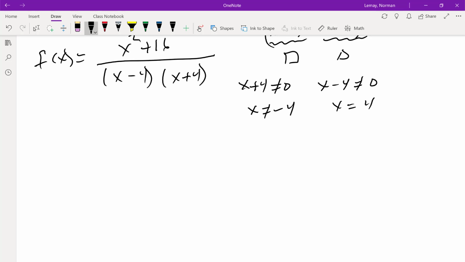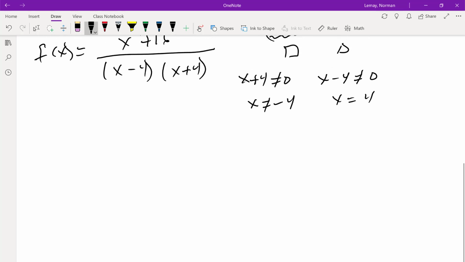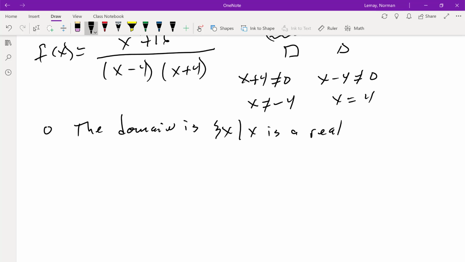I believe in your MyMathLab, your options are going to be in this form: the domain is the set of X such that X is a real number and X cannot equal, and then there's a blank.